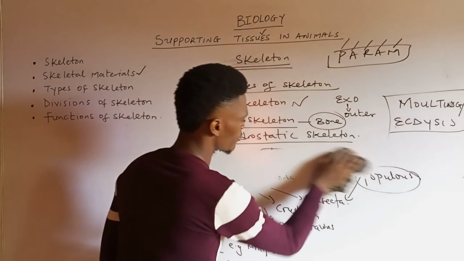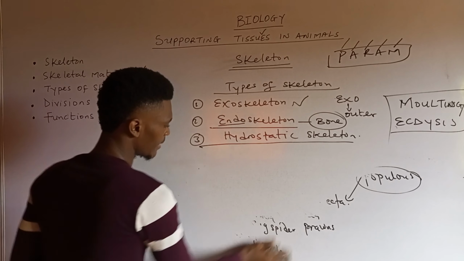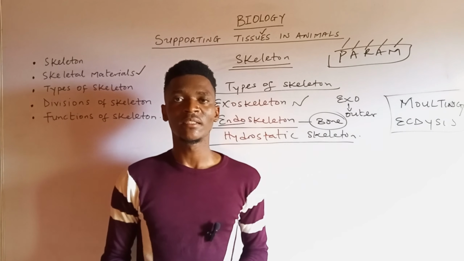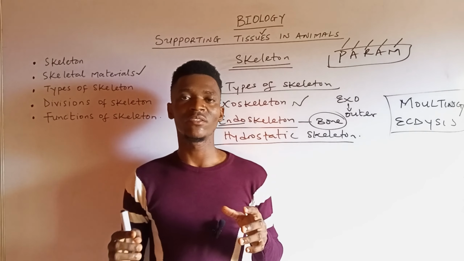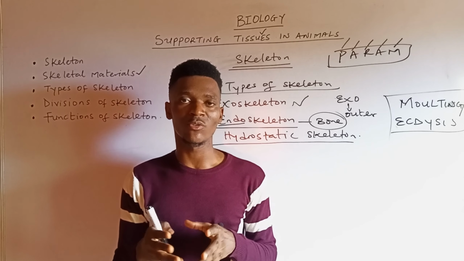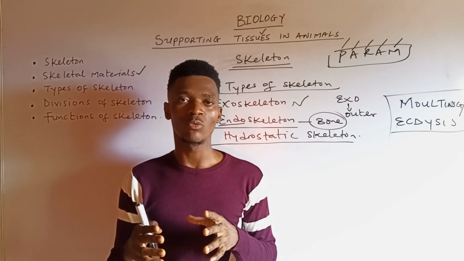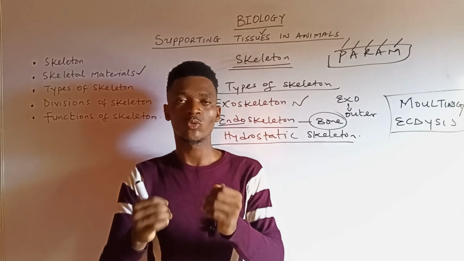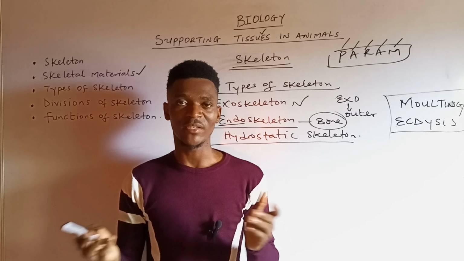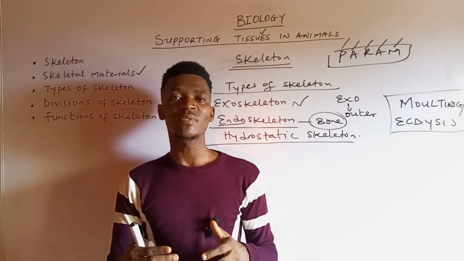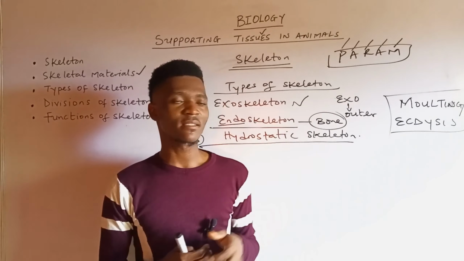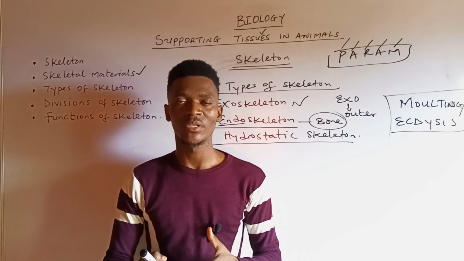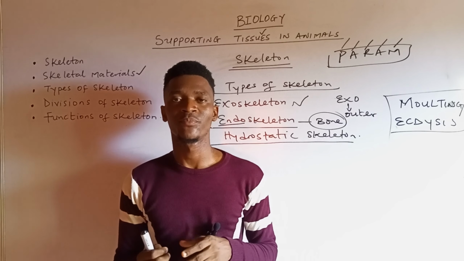Then the last is hydrostatic skeleton. It is simply a kind of skeleton that involves the creation of fluid pressure on body walls to bring about a formation of form to an organism. So what am I trying to say? That organisms that possess hydrostatic skeleton are simply organisms whose muscular walls are filled with fluid.